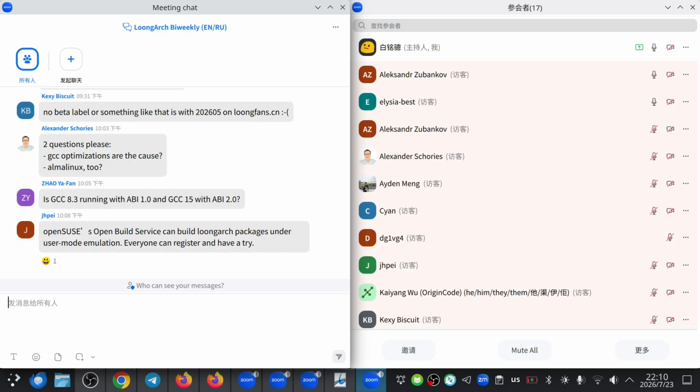I see. And JH Pay noted that OpenSUSE's Open Build Service can build LoongArch packages under user mode emulation, so everyone can register and have a try. So maybe that is to say that a potential OpenSUSE port can be bootstrapped this way, or are you trying to refer to something else?